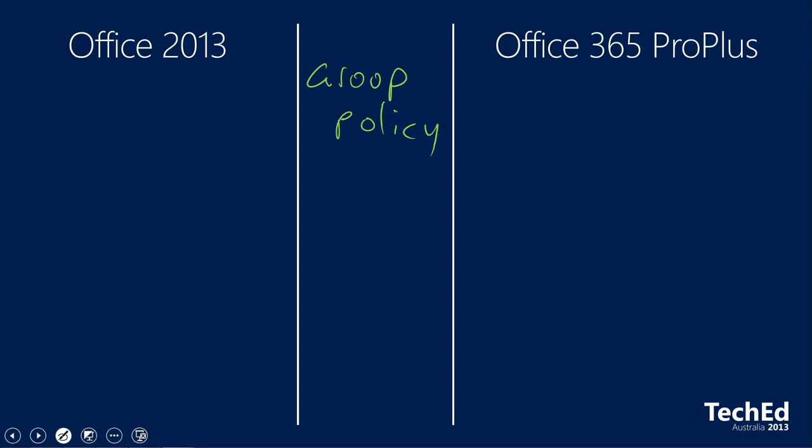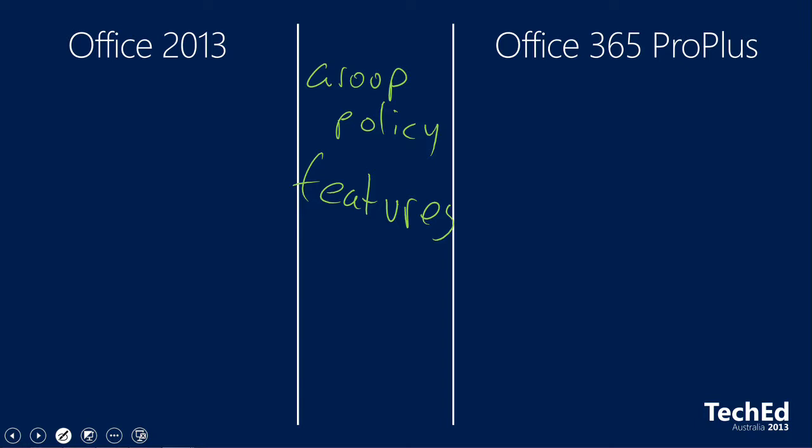There are a couple of settings inside those ADMX templates that are specific to the Office 365 Pro Plus install type. However, they're contained inside the same ADMX files, and we use them to manage both at the same time. So group policy is the same.